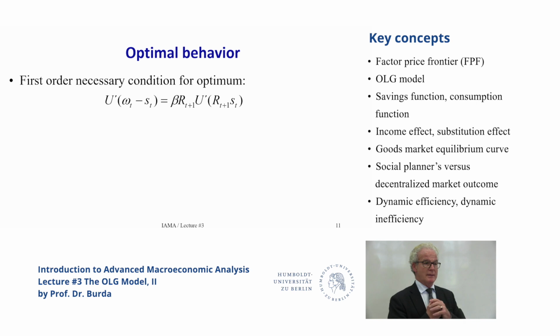In fact, if I'm doing the optimum, they should be equal. I should be indifferent between moving a little bit of consumption between my plan for consumption today and consumption tomorrow. That's the definition of optimality. So that first-order condition characterizes the optimal behavior of the agent.